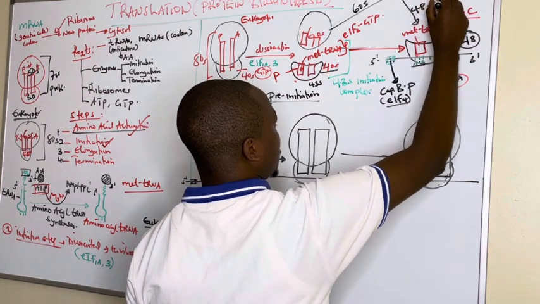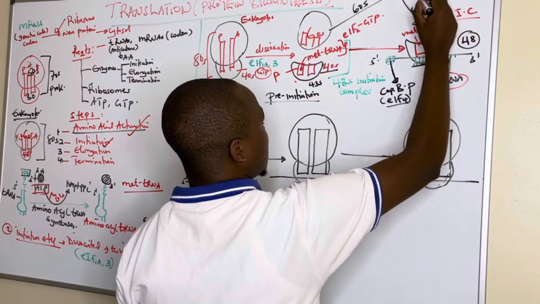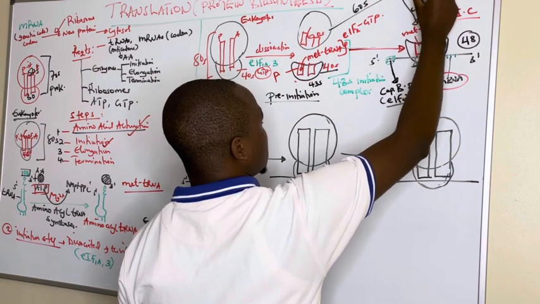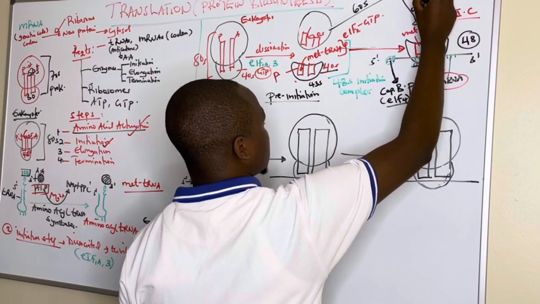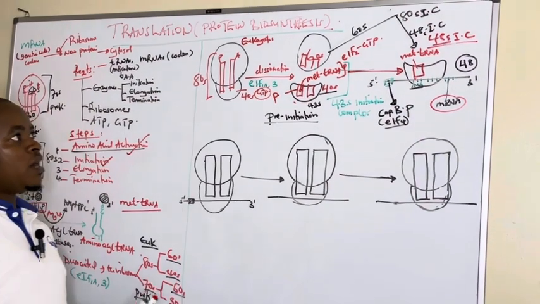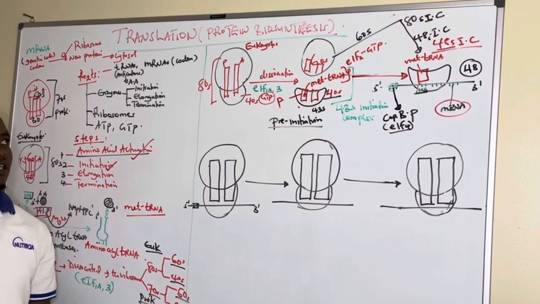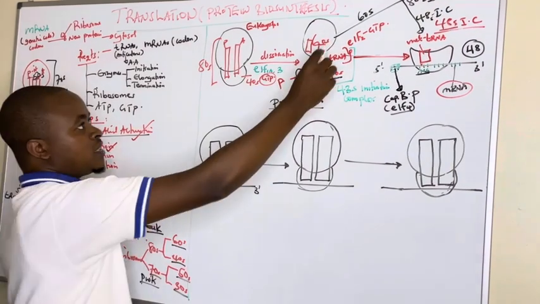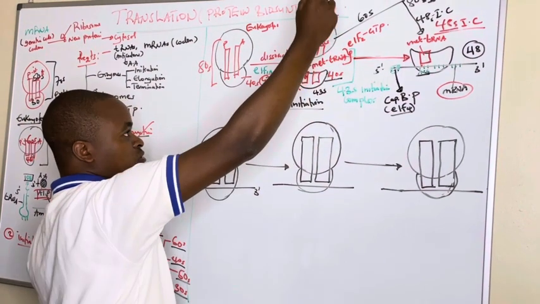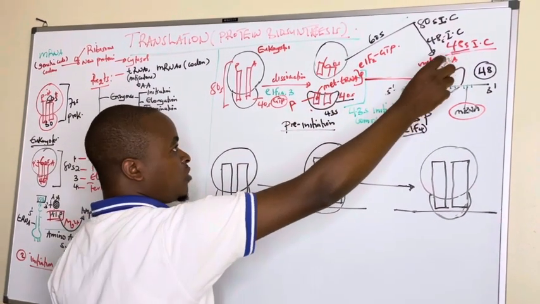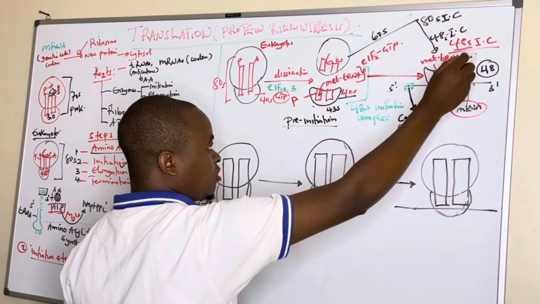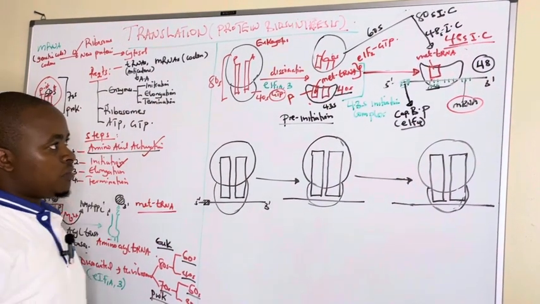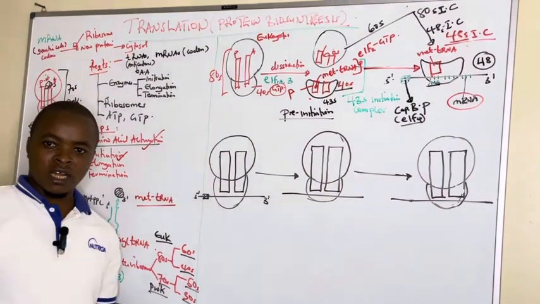When they combine together, they form the 80S initiation complex. And our major aim under initiation was to form the 80S initiation complex, whereby you combine the 60S ribosomal subunit that was dissociated together with the 48S initiation complex that is formed after adding the messenger RNA. And that is in the eukaryotes.